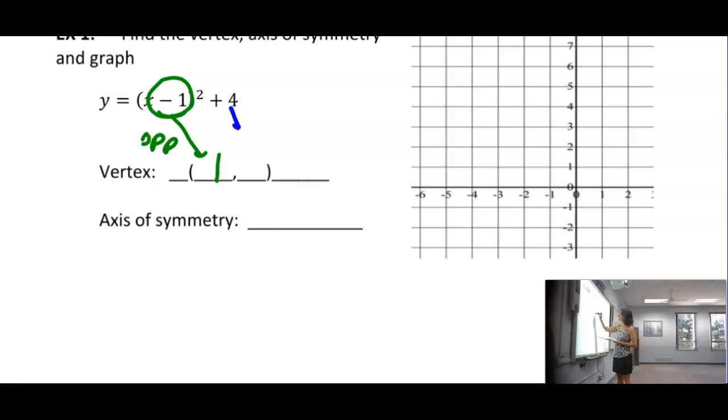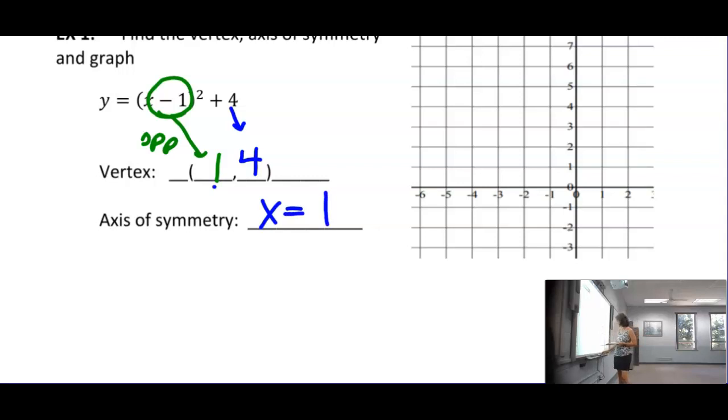My y value is the same, so that's going to be 4. You don't need to draw those arrows. I'm just doing that for you to see that. My axis of symmetry is the same as my x value, so it's x equals 1.